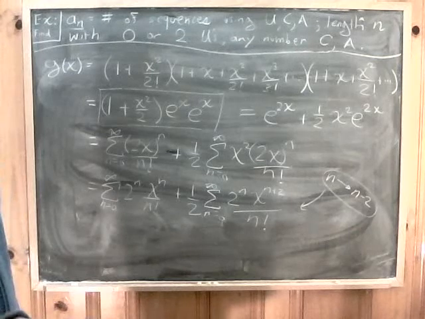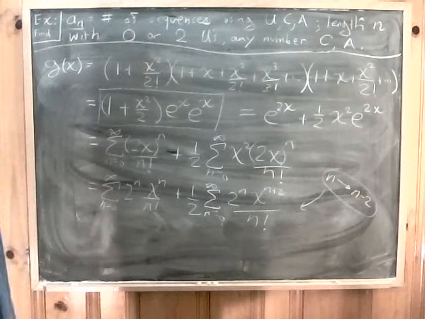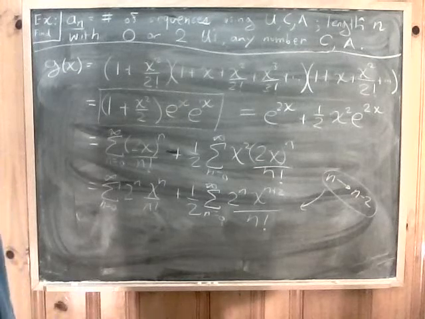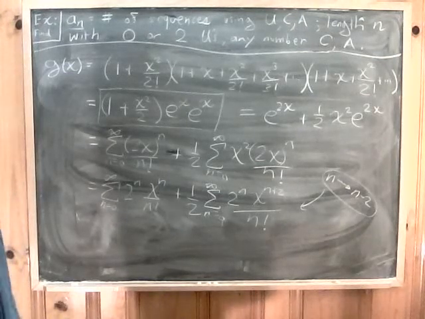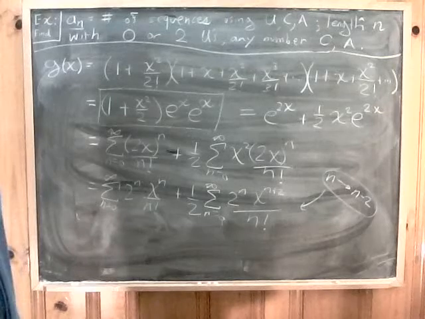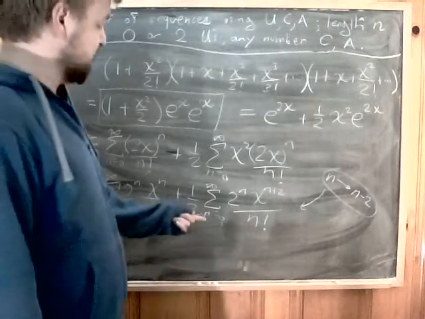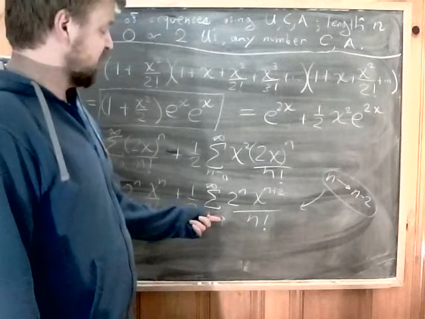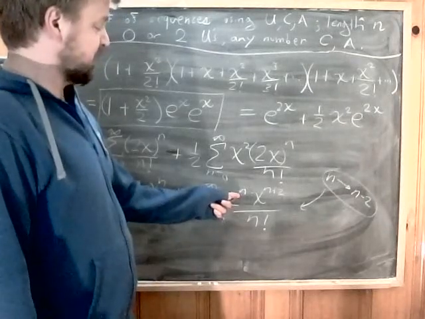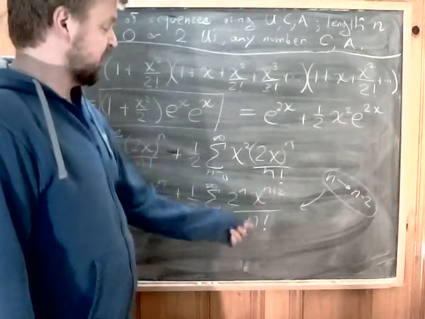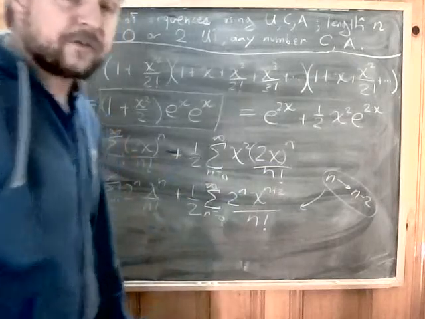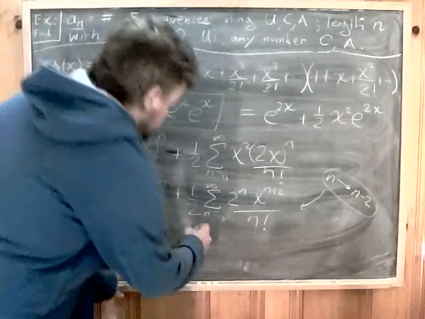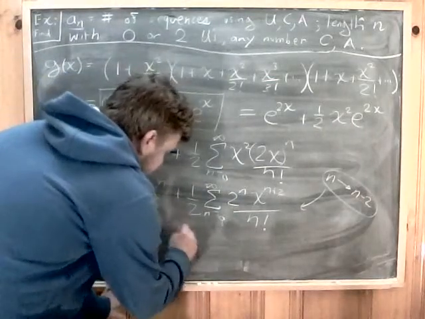So the other thing to do is always, if you're a little unsure of whether you've done the indexing correctly, the shifting of the index, just test out a few values of that counting variable. For instance, in this one right here, n equals 0 is the first entry, and it becomes 2 to the 0, x squared, 0 factorial. So after I index it, it should start there, same as that. So let's see.